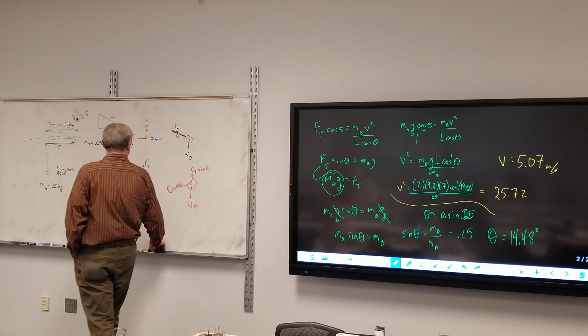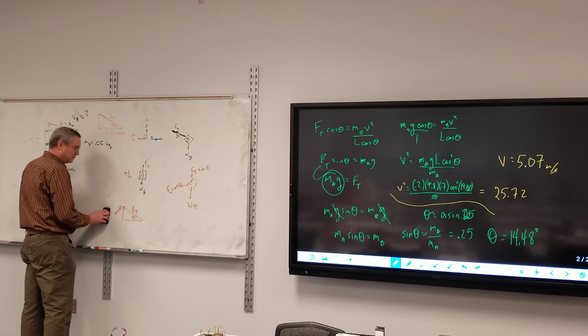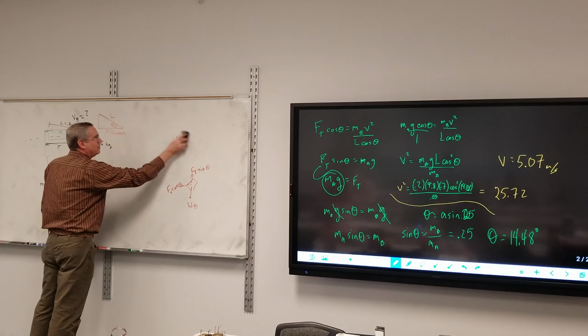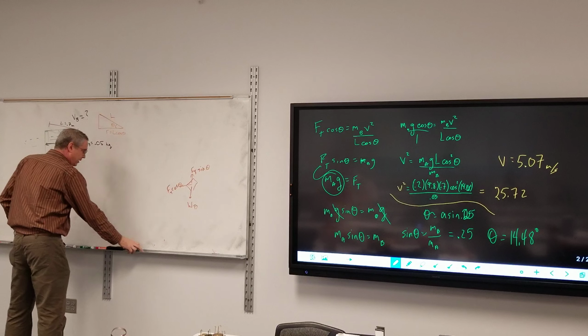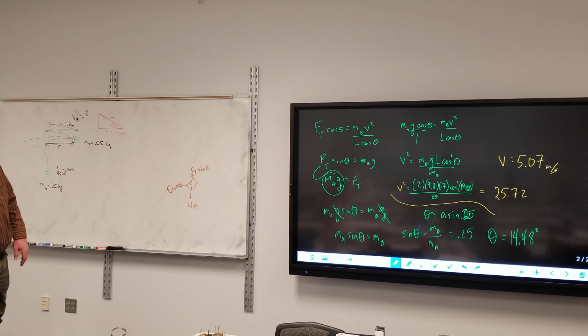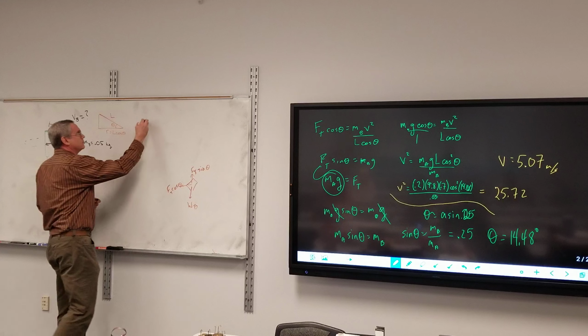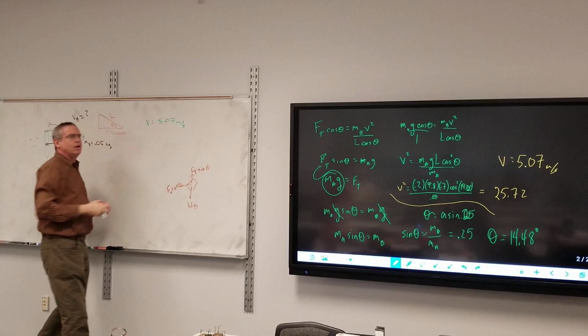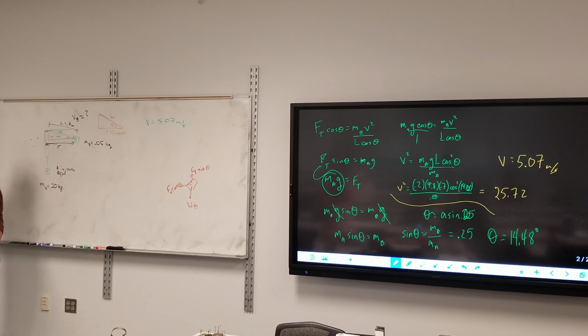Let's solve it slightly differently. So we have a speed of 5.07 meters per second. How long does it take for the mass B to go around in the circle? We don't know that.